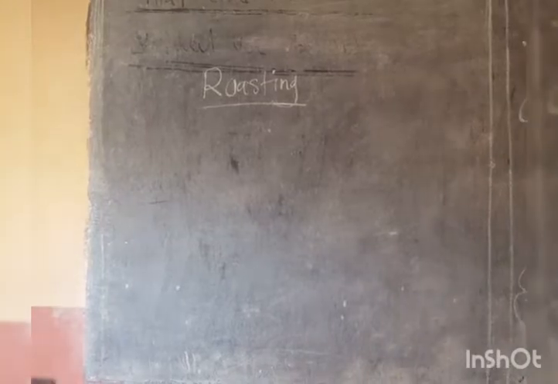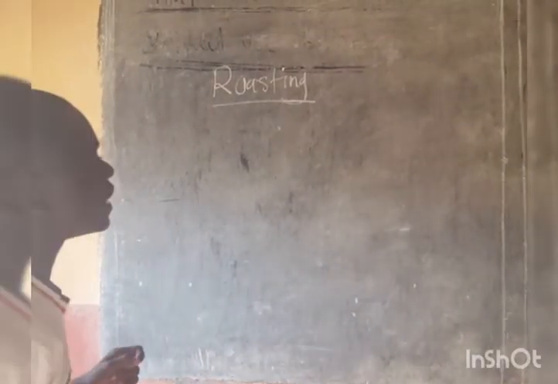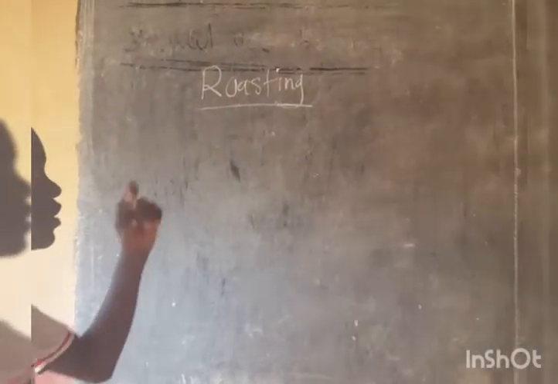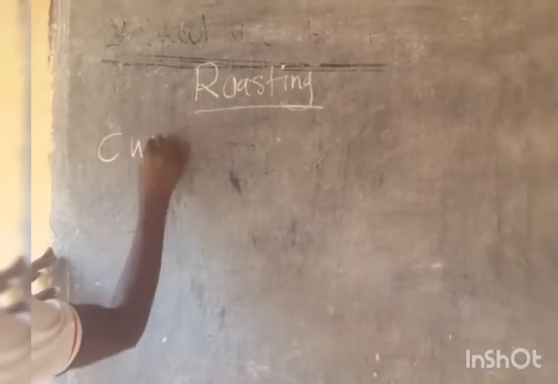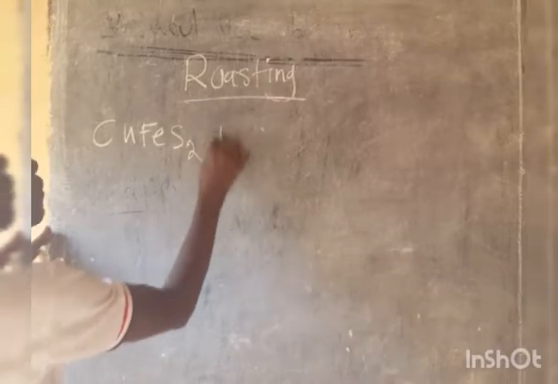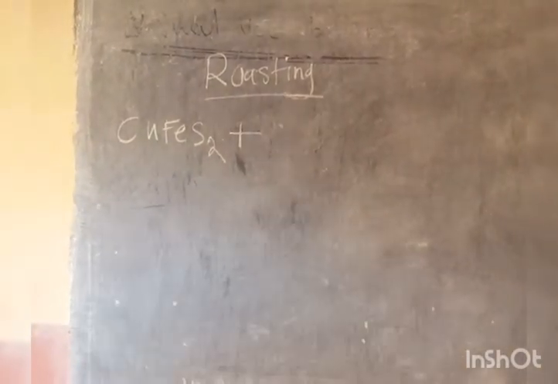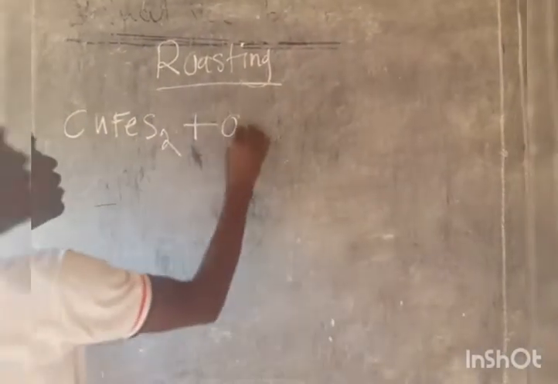Another process by which copper is extracted from the copper pyrite is roasting. So we get the main ore, and then it is roasted in air or in oxygen.